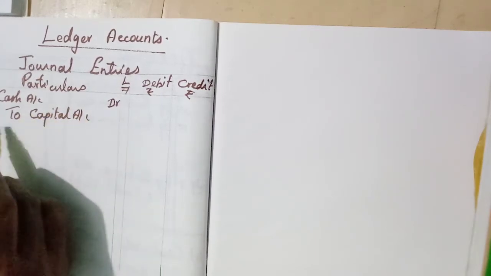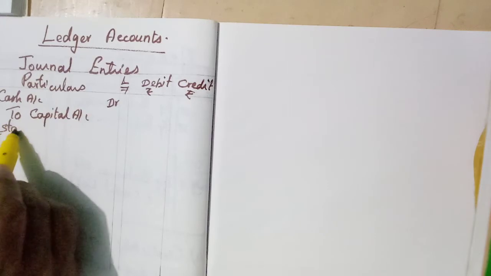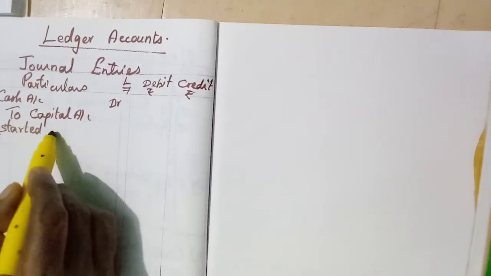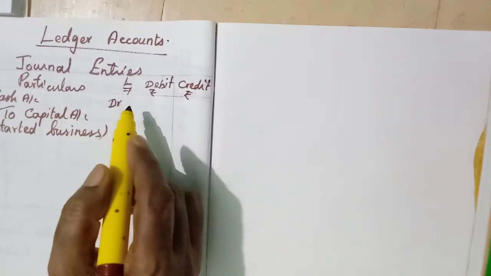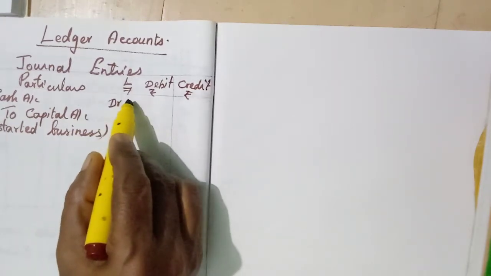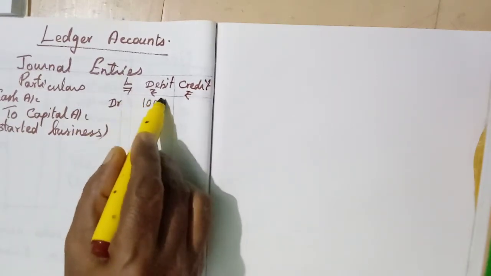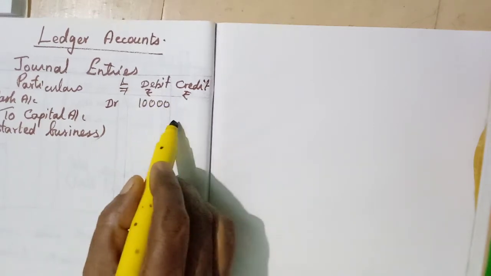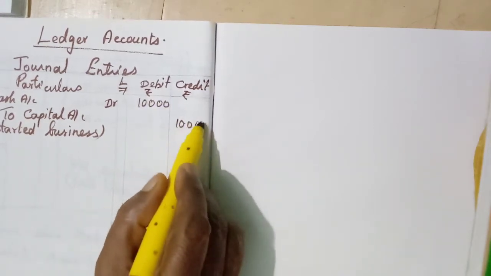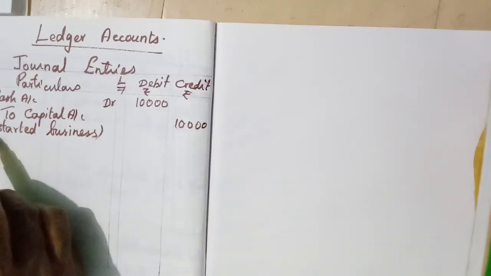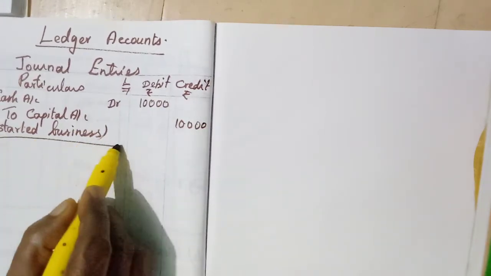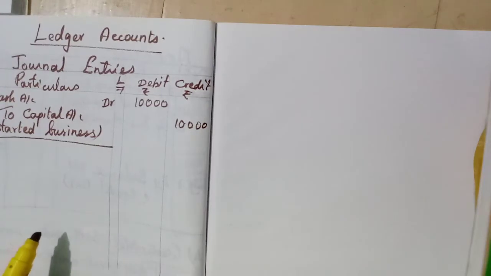Then narration, started business. Okay, amount 10,000. Leave some space, and the zeros may not touch each other. Then draw one line with scale and pencil.